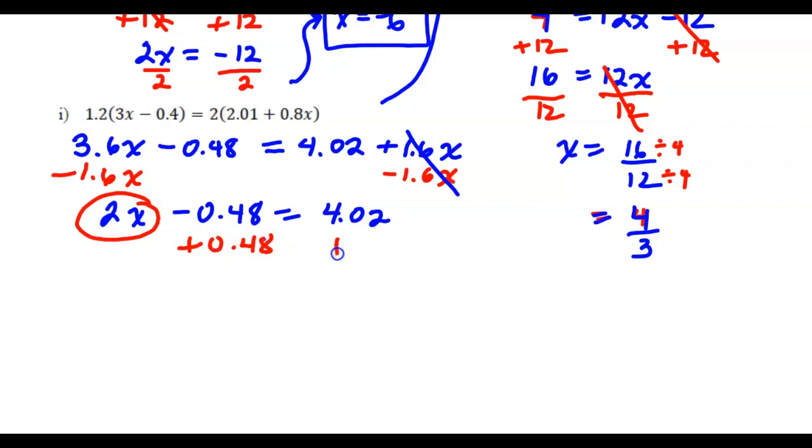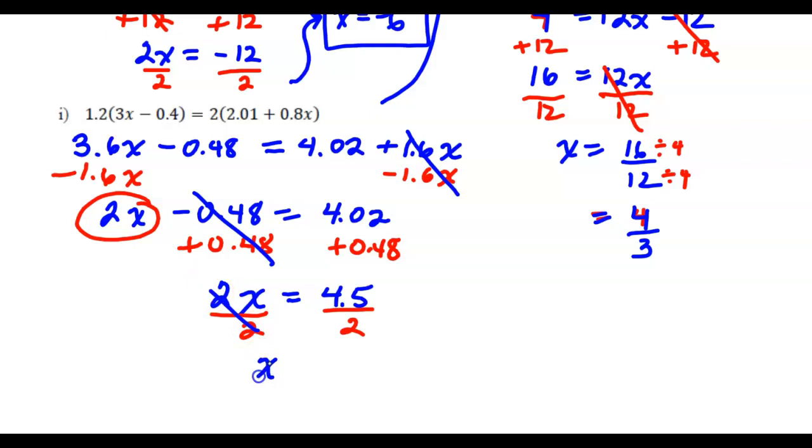And so when you add 0.48, think of money. $4.02 plus 48 cents is $4.50, 4.5. Okay, and then we'll divide by 2. Because there are decimals in the equation, we'll give a decimal answer.